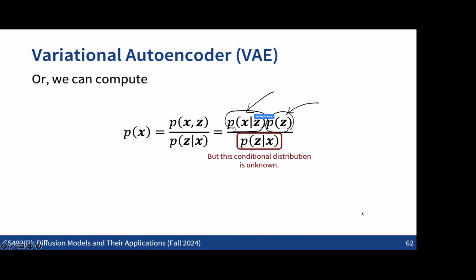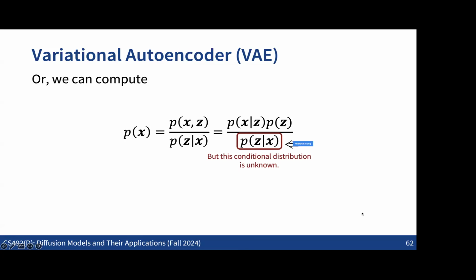And if these are given, there should be a conditional distribution the other way around, from x to z. There should be some underlying conditional distribution. The thing is that we don't know what this is. We fixed this and we learned this. And if these two are given, then this posterior distribution should be somehow given in some form, but we cannot directly calculate it.